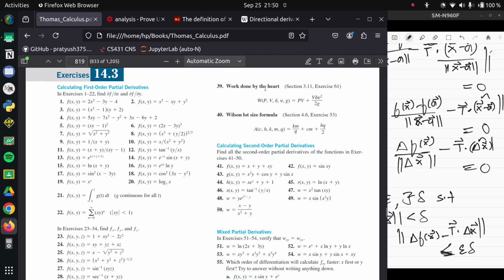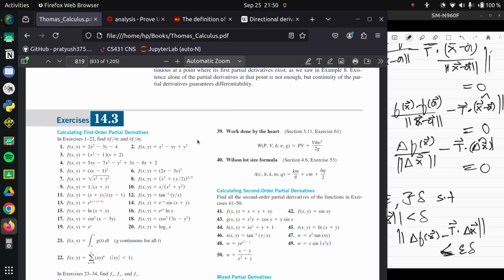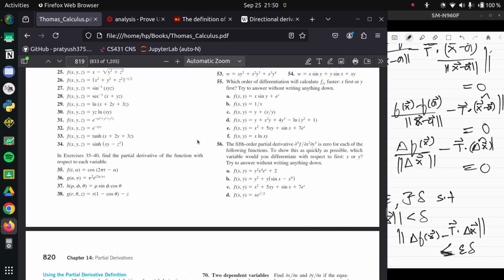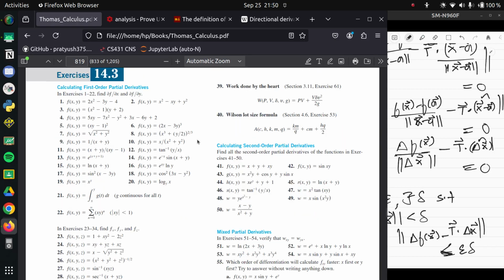Oh, that's some thermodynamics thrown in, isn't it? Huh. So the work done by the heart is PV plus V rho v squared upon 2g. That looks awfully familiar. Half rho v squared by g. g is the gravitational acceleration. This is weird.